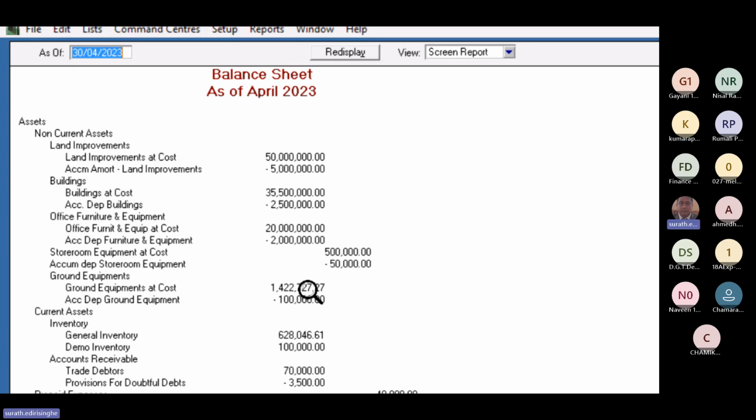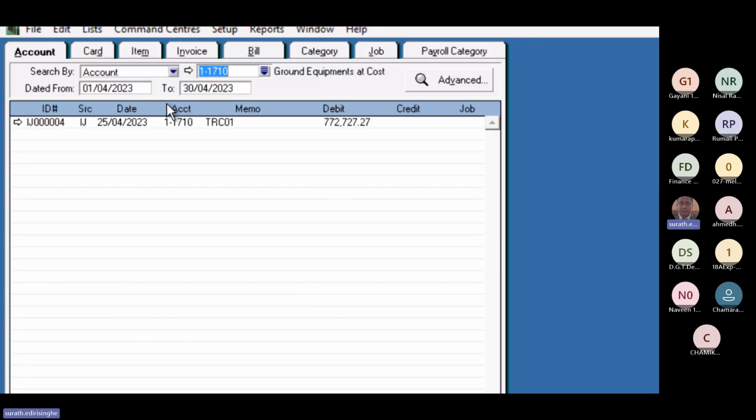If you want to look at the detailed transaction on this, we call it drill down. Drill down on this transaction, click on this transaction. Then customize your period from here, the date-from-to option, and display your transaction amounts.